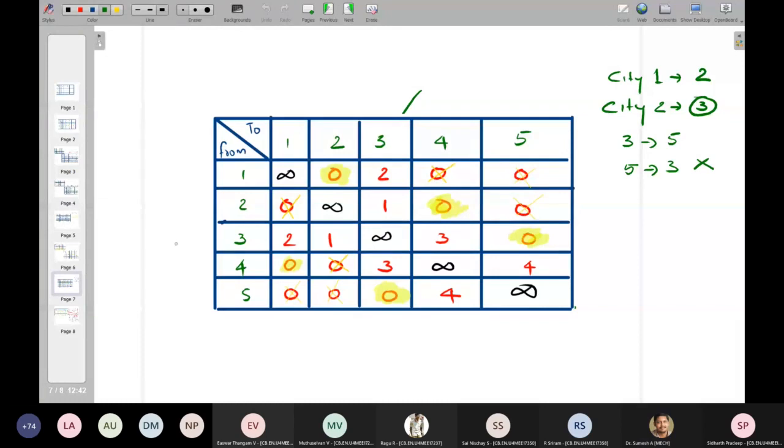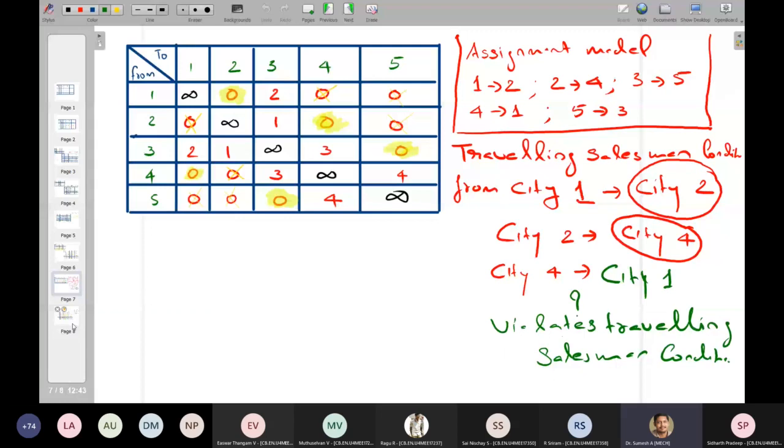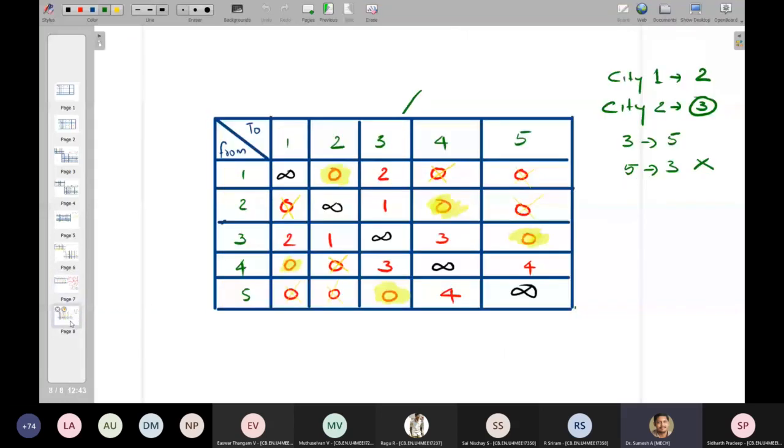Okay, so here what I can do is just reorient it. Sometimes it will work. If I reorient it, for example, instead of taking this 1 to 2, I will say 1 to 4.